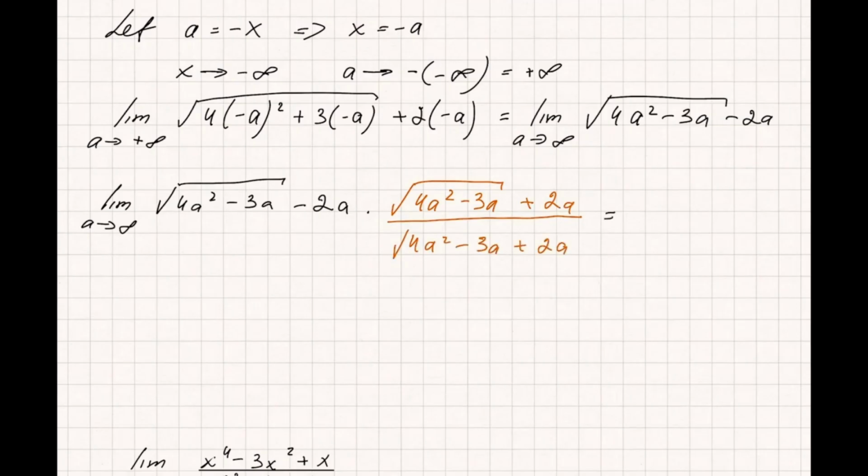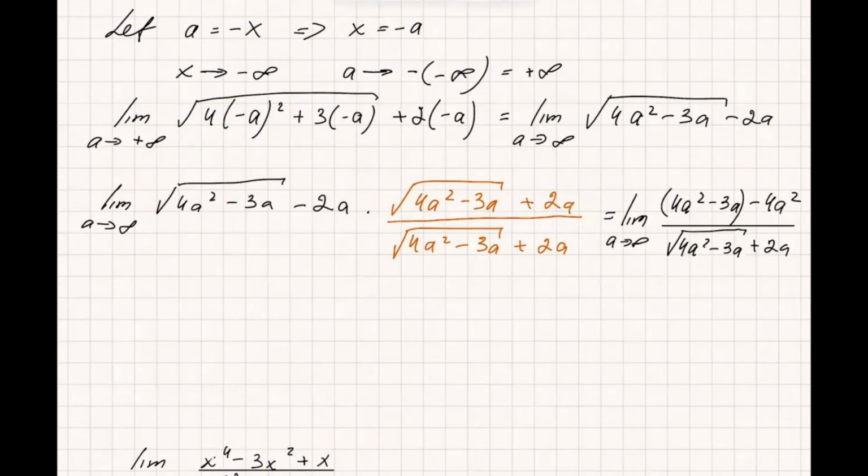And in this case, I will have limit as a goes to infinity of 4a squared minus 3a minus 4a squared, right? So this is my former radical expression squared, and negative 4a squared. That is my 4a squared, right? And then in the denominator, I have, let me close that, I have radical 4a squared minus 3a plus 2a.